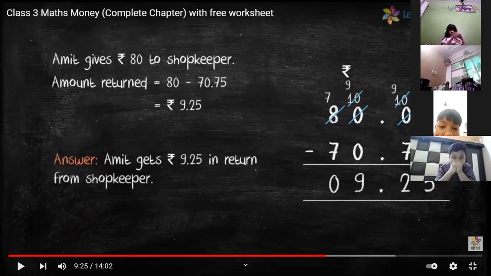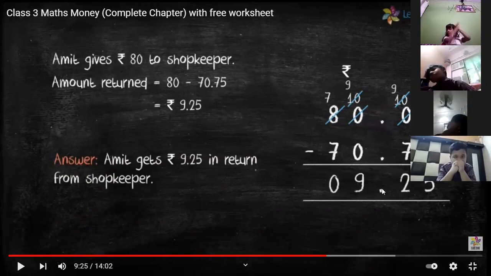Here we must take care that all the rupees are in the column format, and similarly the paisa in the column format. And the dot, the point, must be exactly in the same sequence, as already given here. Beta, you must take care of these things.